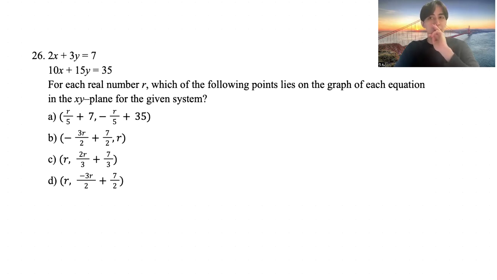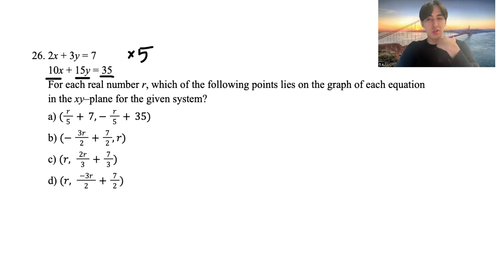So the first step is to recognize that these two equations are similar. They're the same thing. We know that because when you multiply the first equation by 5, you get the second equation. So 2x times 5 is 10x, 3y times 5 is 15y, 7 times 5 is 35.